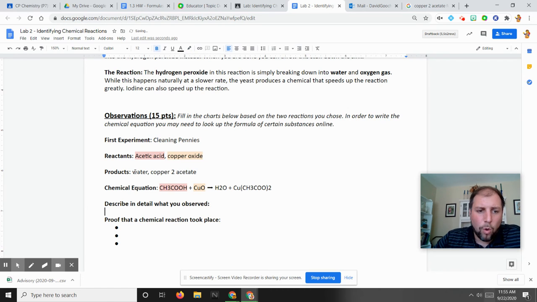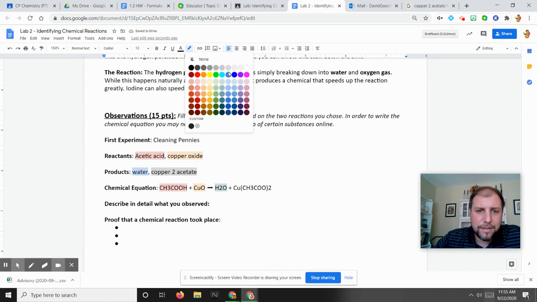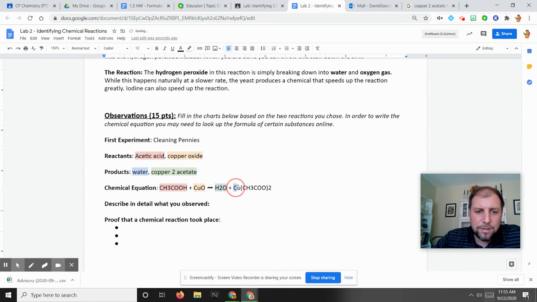Okay. Water is one of the products. And here's the formula for the water. Copper 2 acetate is another product. And here's the formula for the copper 2 acetate. If you identify one of the products or the reactants, its formula needs to be included.